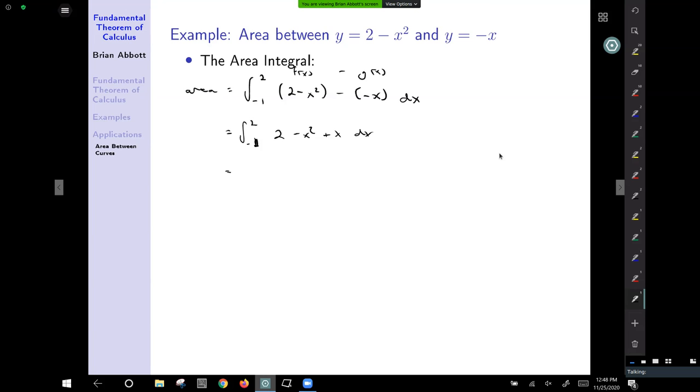Integrating that using the power rule: what has the derivative of 2? 2x does. What has the derivative of negative x squared? Negative 1/3 x to the third. Plus, what has the derivative of x? 1/2 x squared.